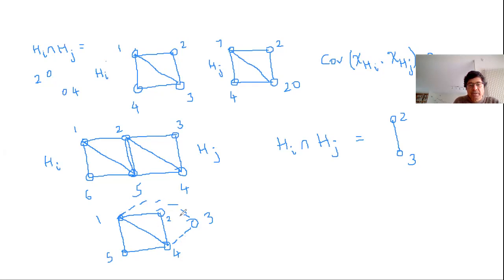Hj consists of the vertices 1, 3, 4, and 5 with the diagonal. So what is common is this bit. I'll draw double lines to indicate what's common. The triangle sitting on the vertices 1, 4, and 5 is common.